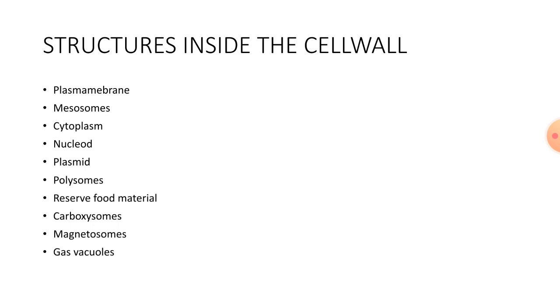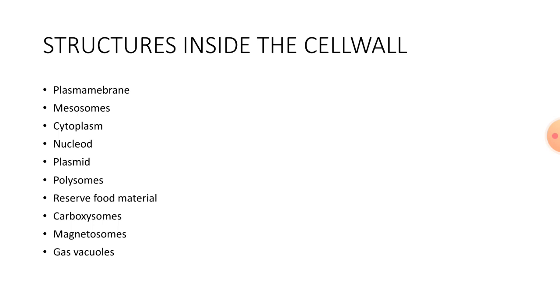So these special bacteria which have these structures can perform photosynthesis. Hence, they are called photosynthetic bacteria, utilizing light of the sun and consuming CO2 from the environment. With the help of these, they can prepare their own food materials.